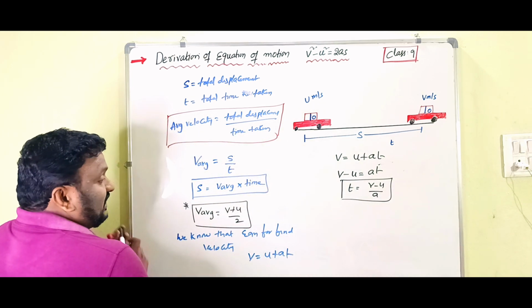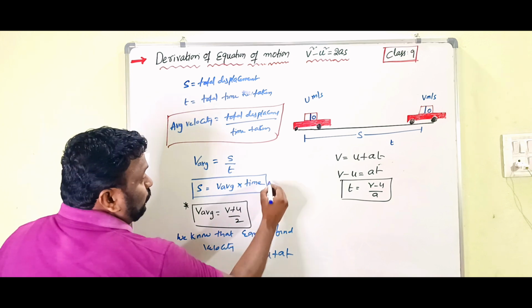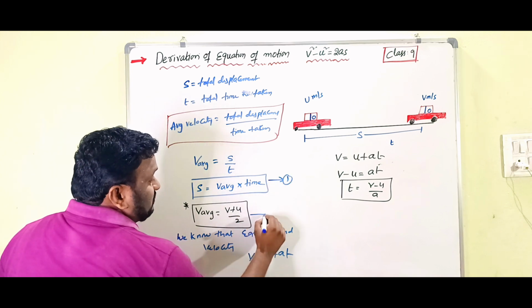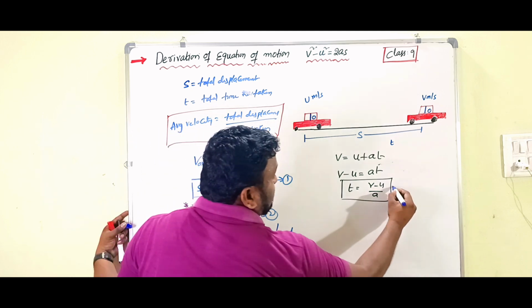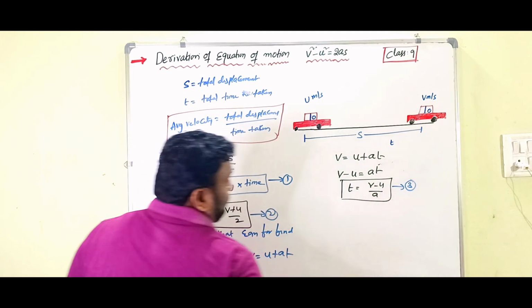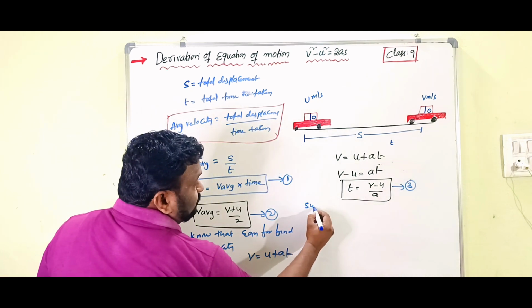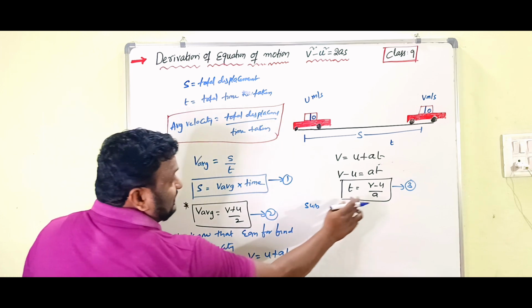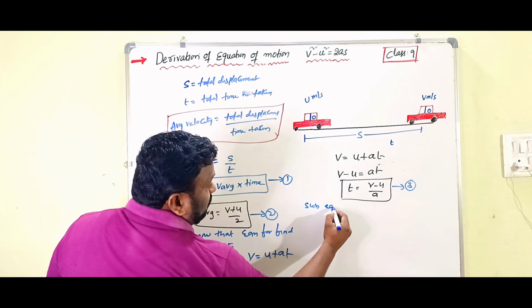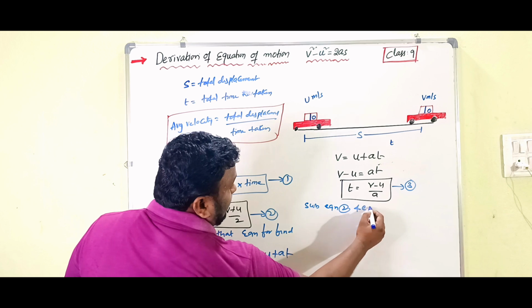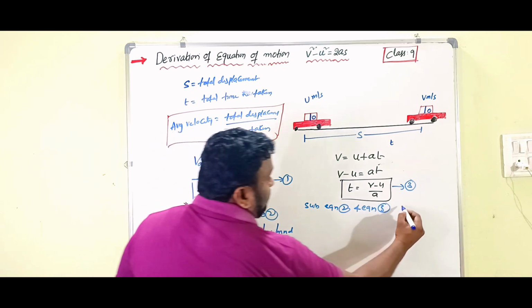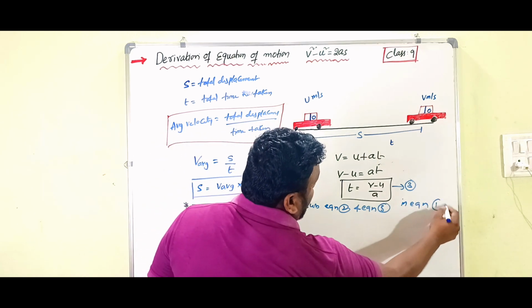So now we can take this as equation number 1, this as equation number 2, and this as equation number 3. Now substitute equation number 2 and equation number 3 in equation number 1.